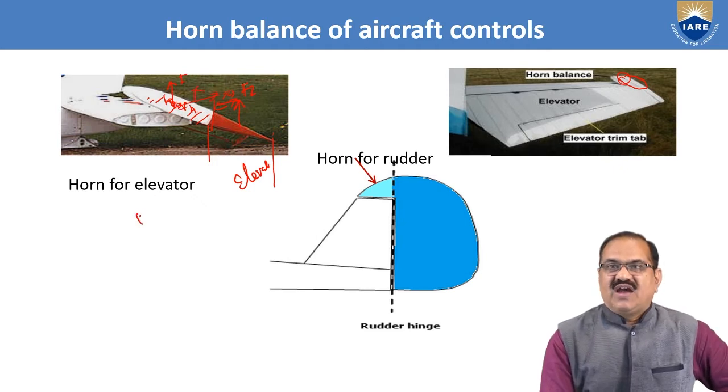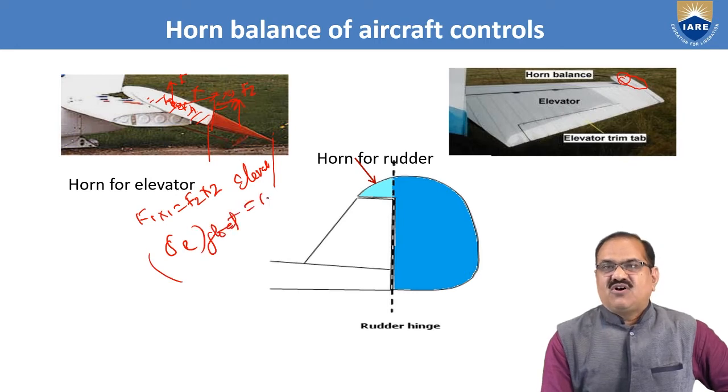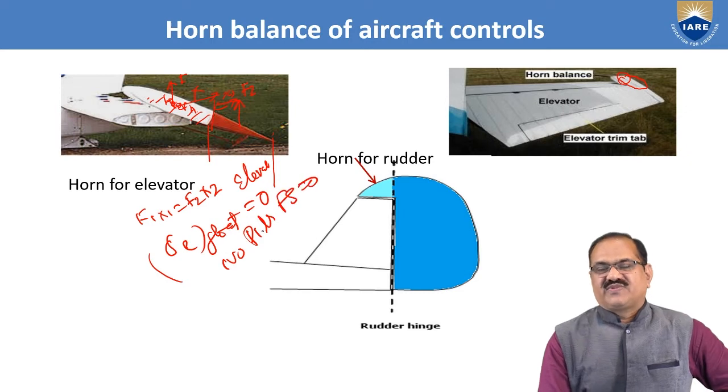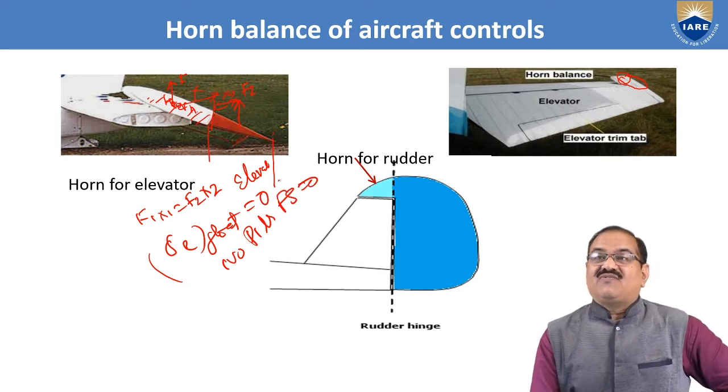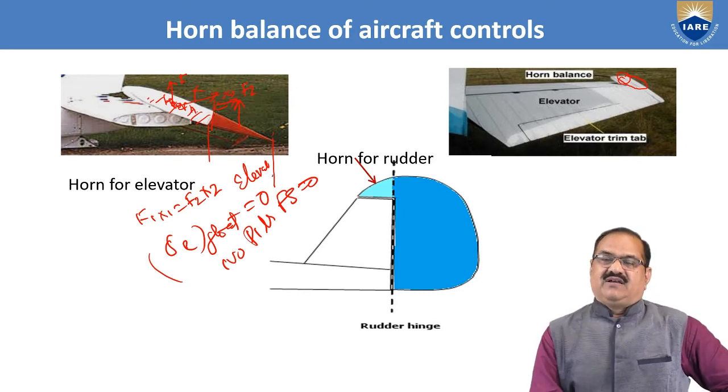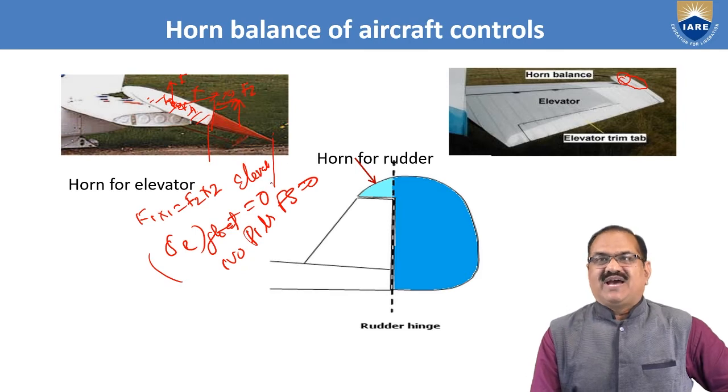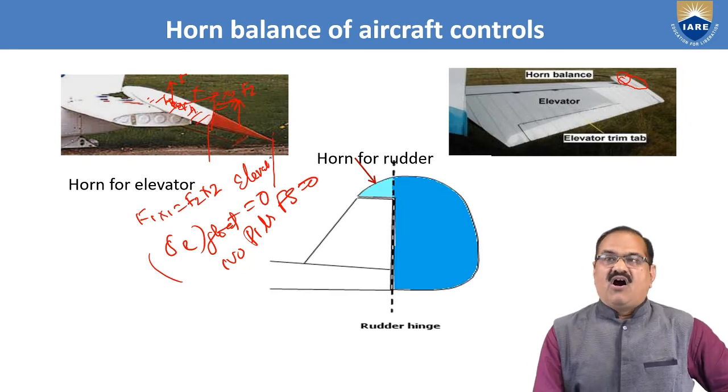So F1 into X1 is equal to F2 into X2, so delta E float will be 0, no pilot force is required, Fs will be 0. That is the use of the horn, and in this way the hinge moments are balanced by the horn balance.